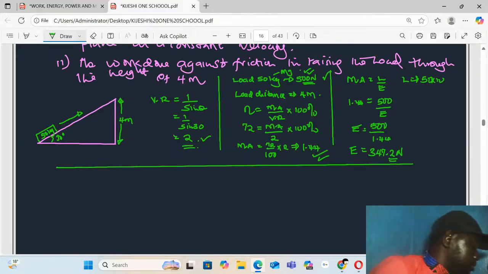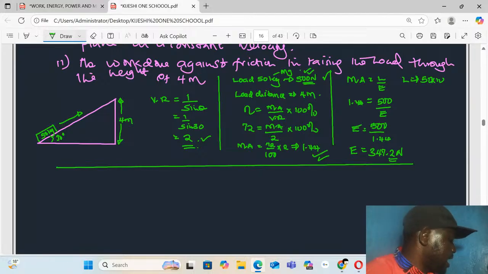So now we move on to the next part, where we are asked the work done against friction in raising the load through the height of 4 meters. In this case, the work done against friction will be given as the work input minus the work output.